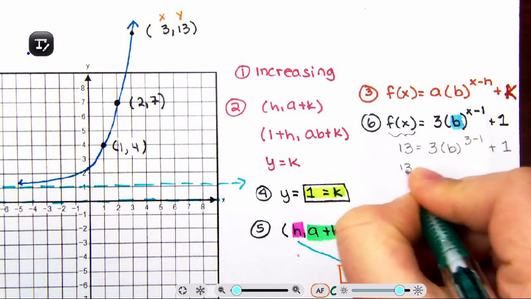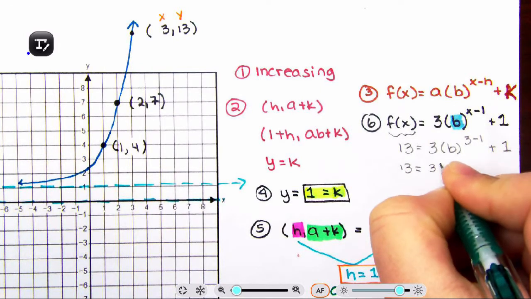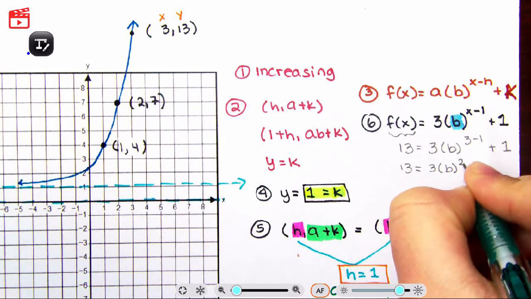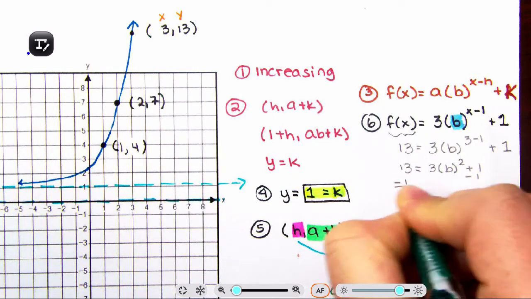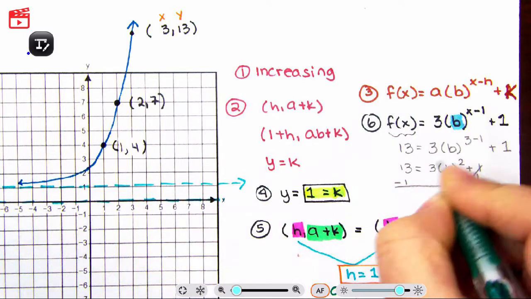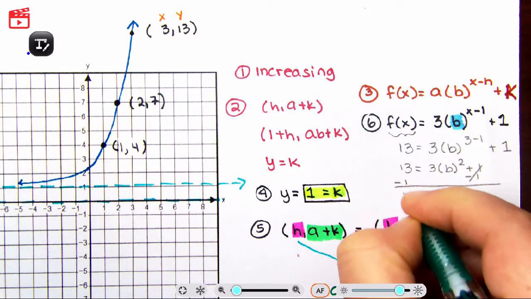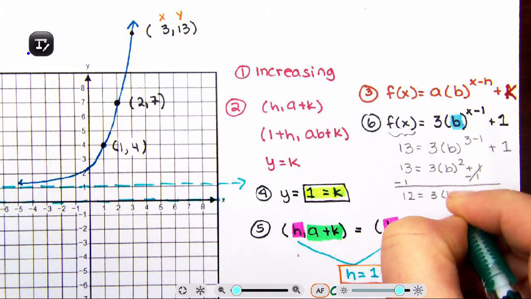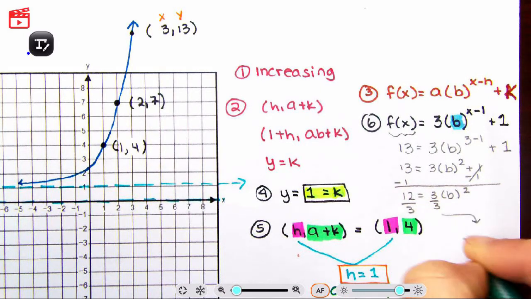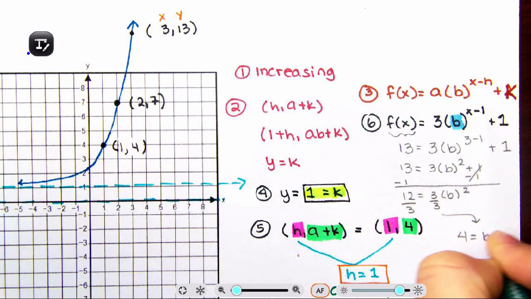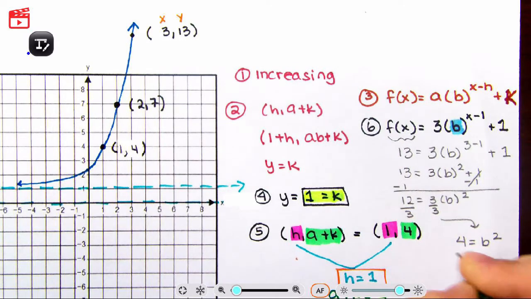So that means I have 13 is equal to 3 times b to the power of x minus h, squared plus 1. I'm going to subtract 1 from both sides. I'm trying to get b squared by itself, so I have 12 is equal to 3 times b squared. I'm going to divide by 3, so I have 4 is equal to b squared. I'm going to take the square root of both sides, so b is equal to the square root of 4.